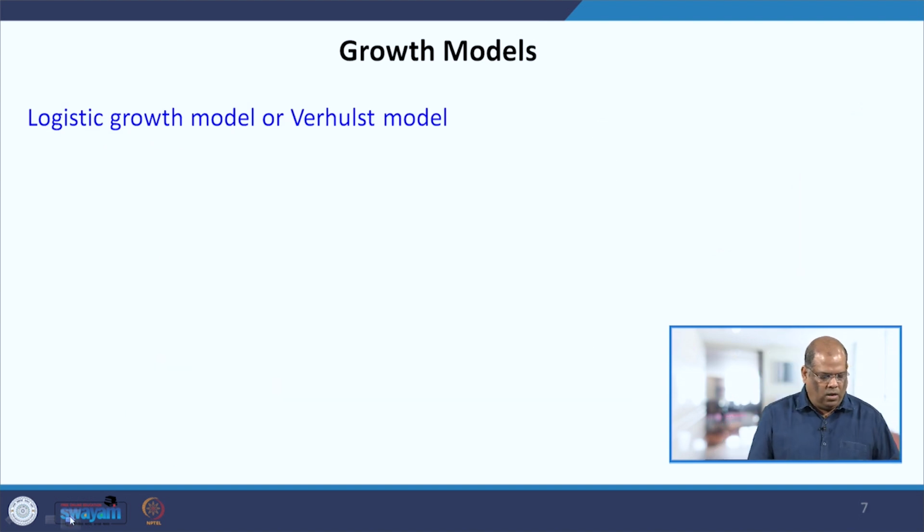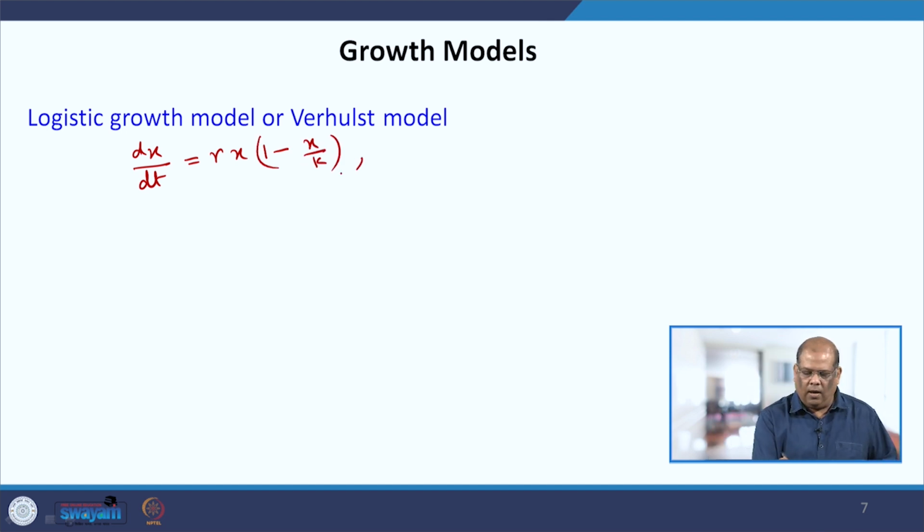So, in the logistic growth model, we have the equation of the form dx/dt equal to r times x times 1 minus x by k.